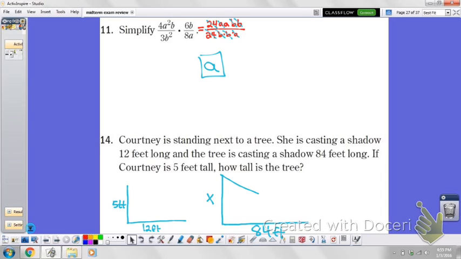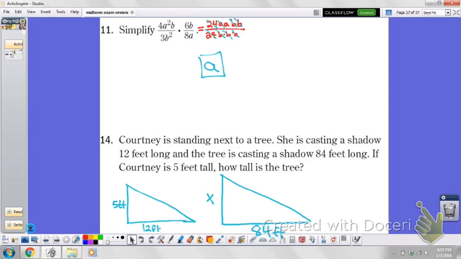Well, since we know that the sun casts shadows and it makes similar triangles, and similar triangles have ratios of corresponding sides that are equal, I can set up a proportion. And remember, with these proportions, all I need to do is correspond. There are several different proportions I can write.